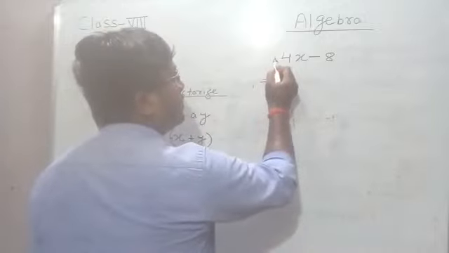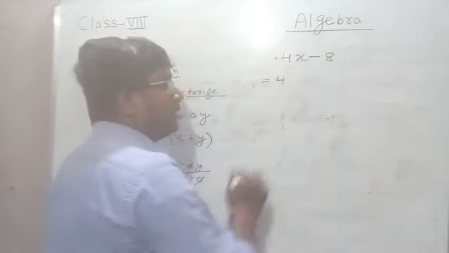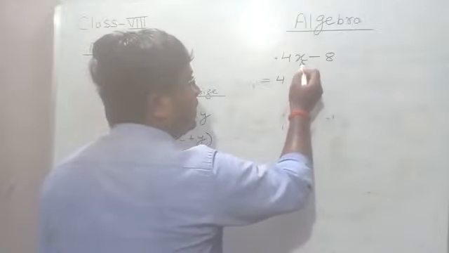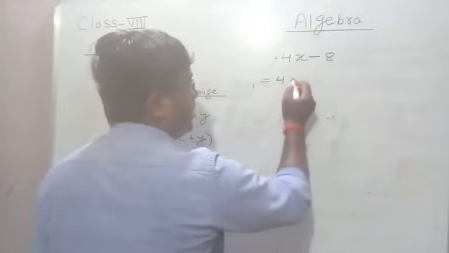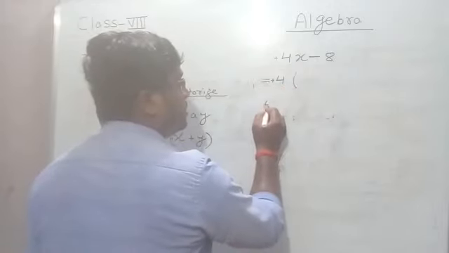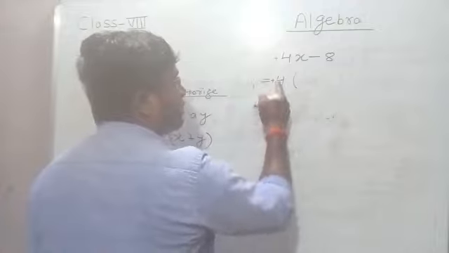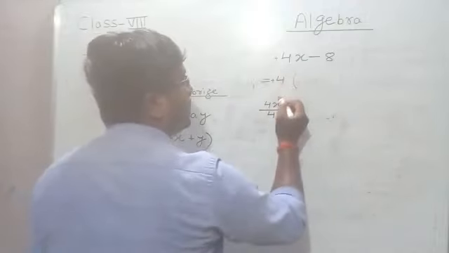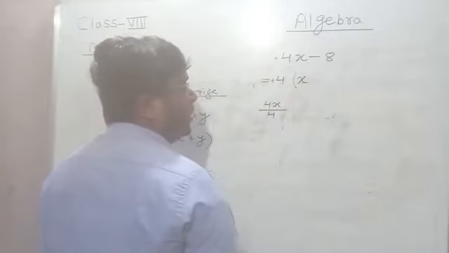Here the first term is positive, so I have taken plus 4 as common. x is only in the first term, not in the second term, so x we cannot take common, only plus 4. The first term is 4x, and from 4x we have taken 4 as common, so 4 cancels and x is remaining.